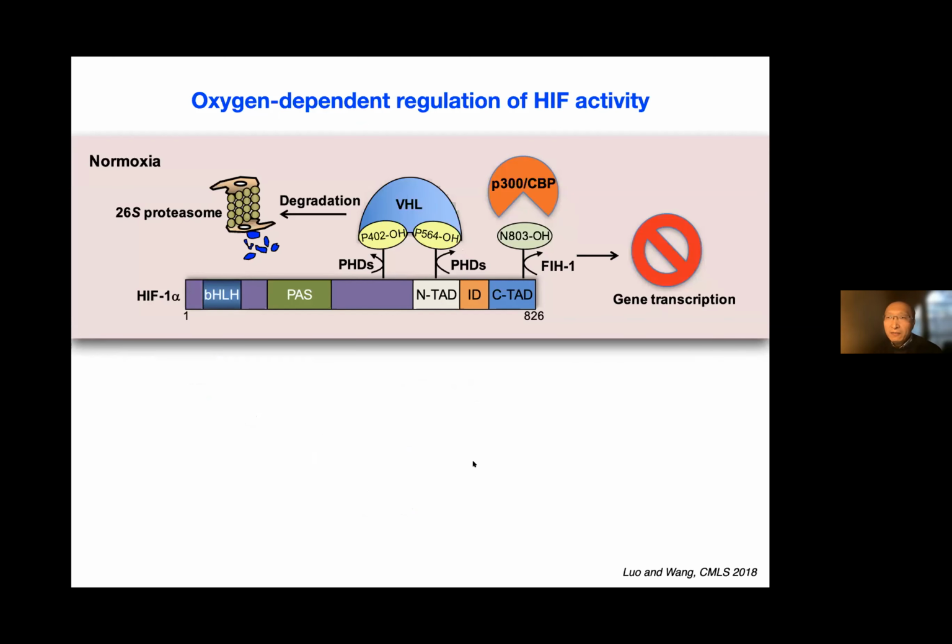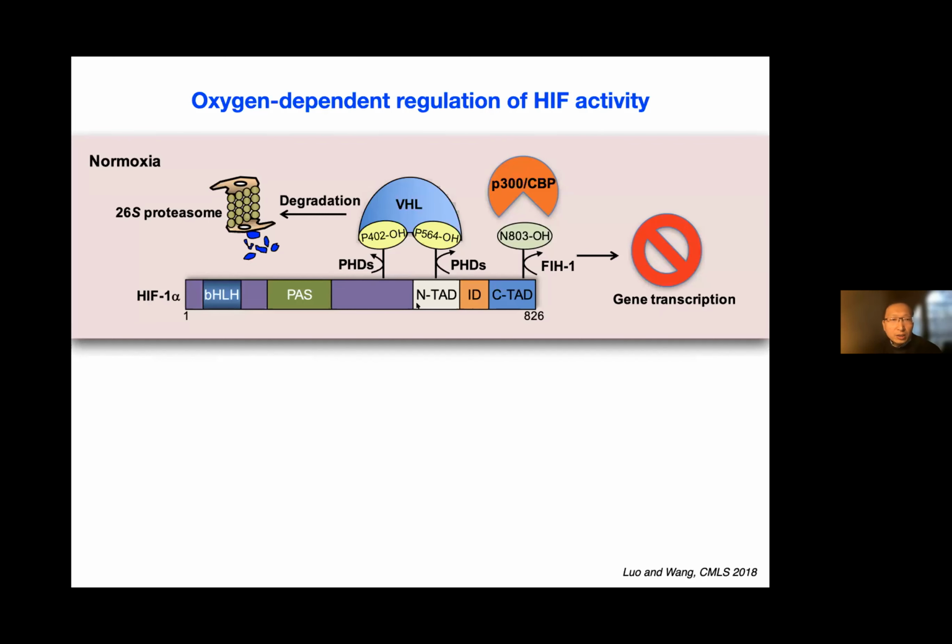HIF activity is regulated by oxygen. Under normoxic conditions, the HIF alpha subunit is hydroxylated on 2 protein residues by a family of protein hydroxylases called PHD. This hydroxylation requires oxygen as a substrate.